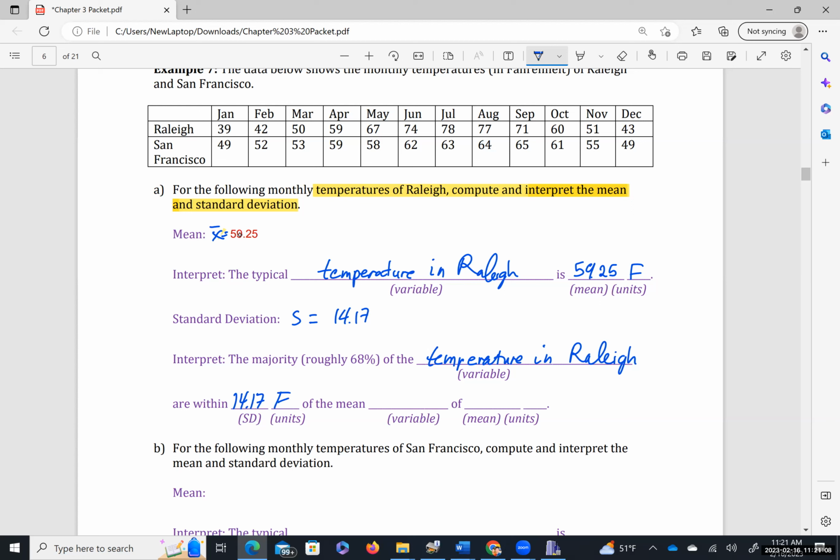In Fahrenheit, the mean temperature of Raleigh is 59.25 Fahrenheit. Okay.